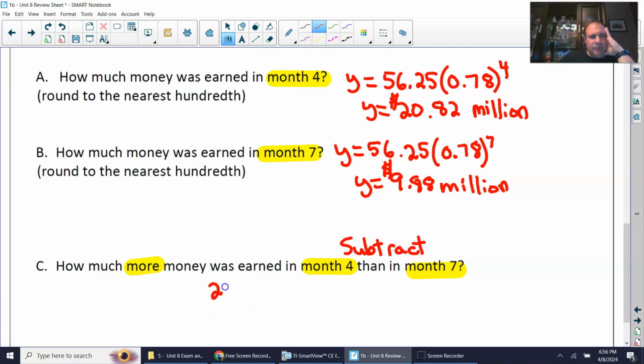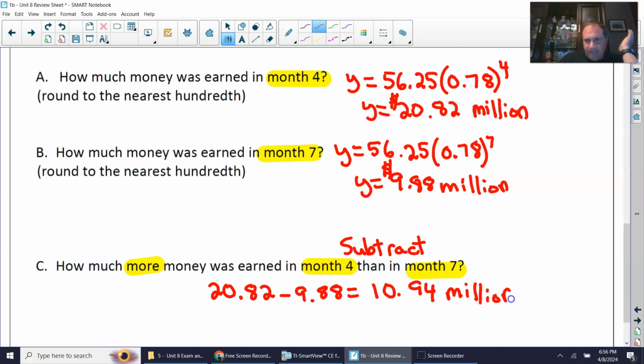You have 20.82 minus 9.88, and you get $10.94 million. And that's it.